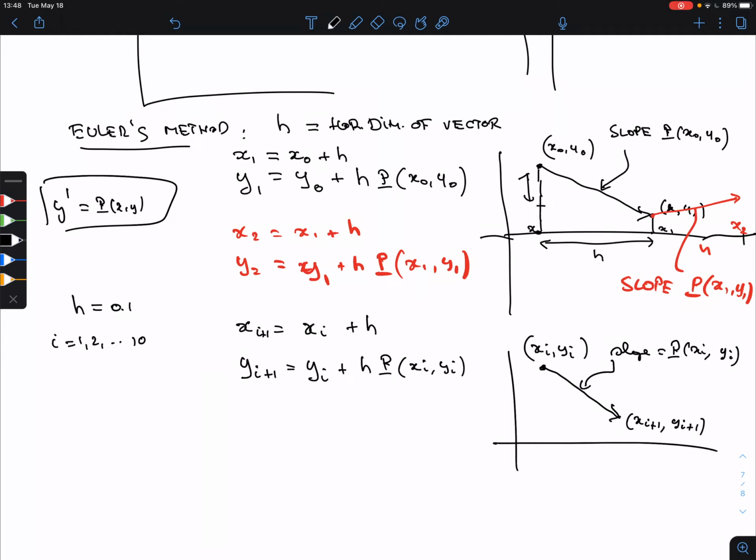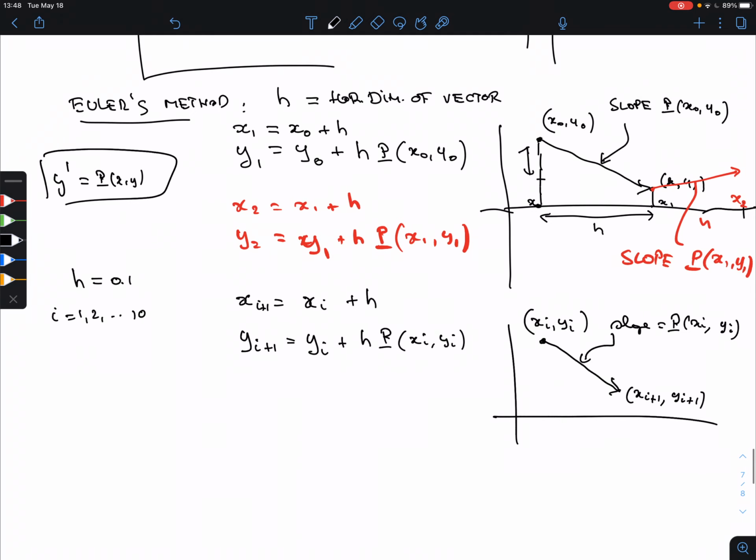Okay. And so then we calculate this, and so after 10 steps, y10, that will be a good approximation. Well, we'll see about that, but this should be somehow the same as y(1). Why, you might say, 10 here and 1 here? Where does the 10 come from? The reason is that I started from 0 and I went with increments of 0.1.